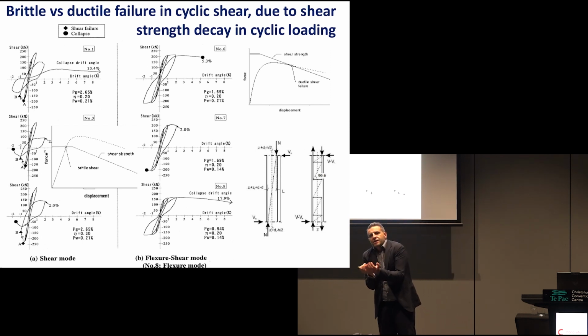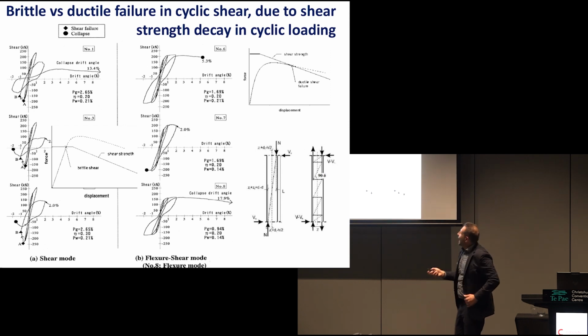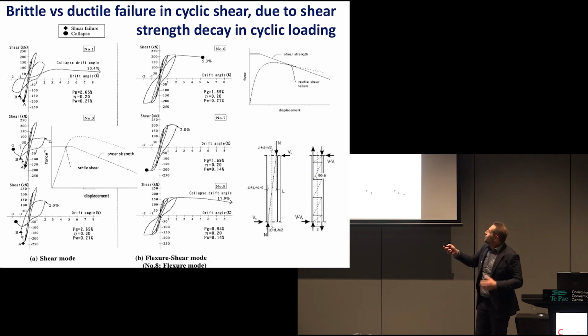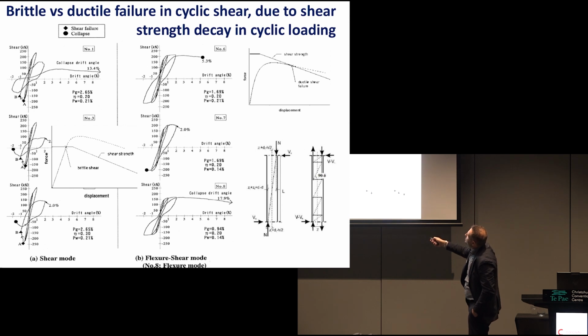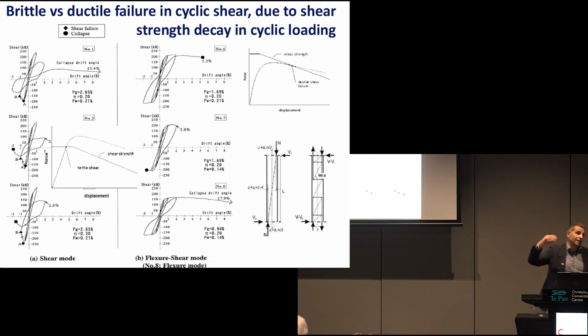You start increasing the strain in the bar, you lose the aggregate interlock. And the problem is that if you don't have enough capacity protection, you will start having the intersection with the flexural capacity.